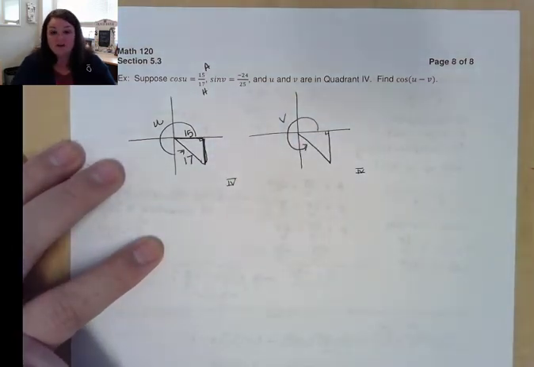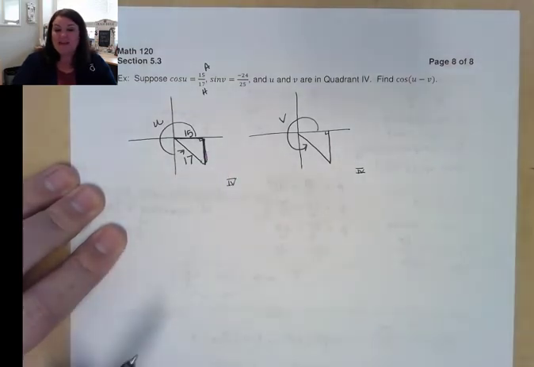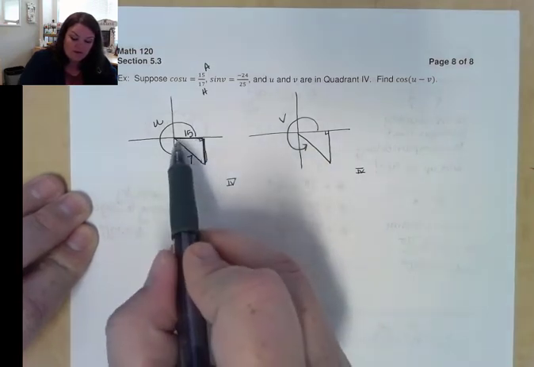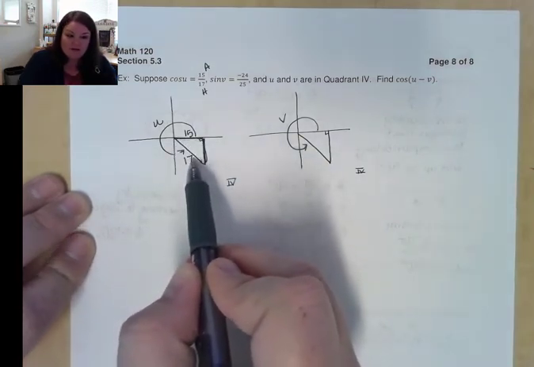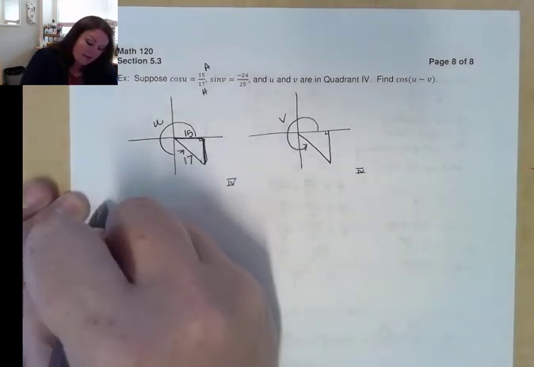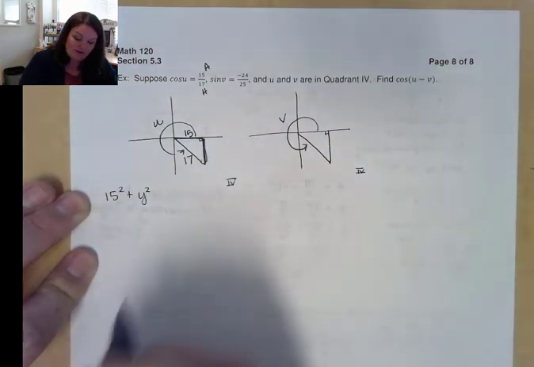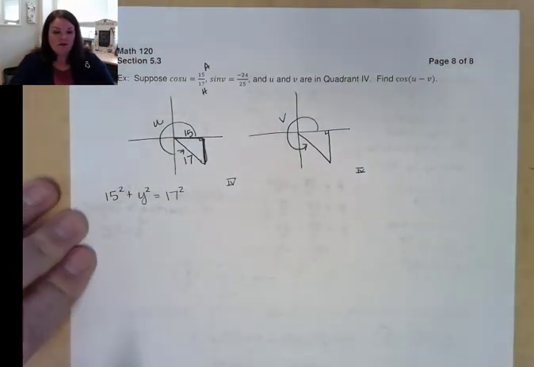Or our y value. So I'm going to use the Pythagorean theorem to figure out what that side is, okay? So I have x squared plus y squared equals my radius squared, right, or my c squared. So that means that 15 squared plus my unknown y squared value is going to equal 17 squared.